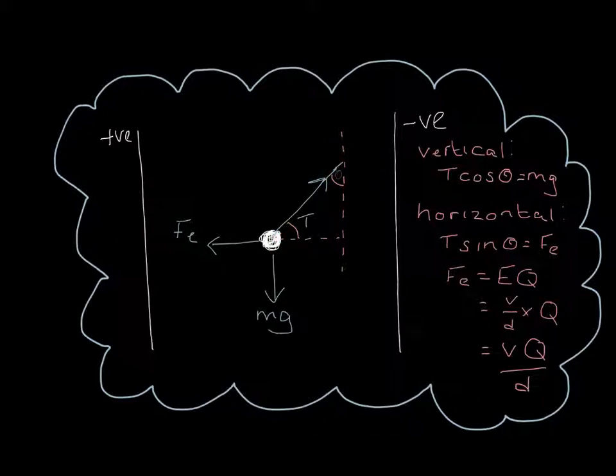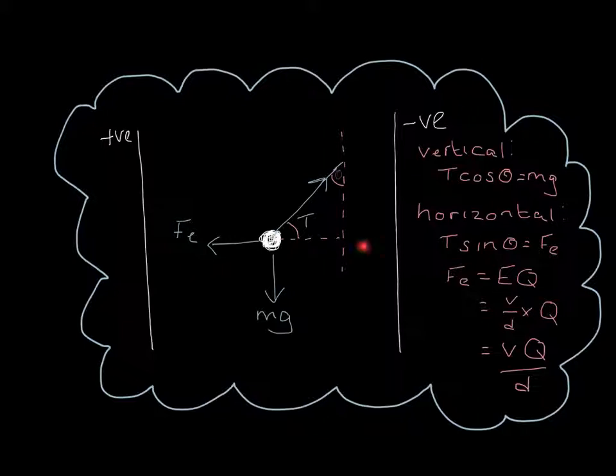So because you have a positive charge on the other side to this negative charge, you get a potential difference which causes a force upon your positively charged mass. And then you have gravity acting directly downwards, mg, and you have the tension, which has two components, a vertical and a horizontal component. So we're going to have to equate this.